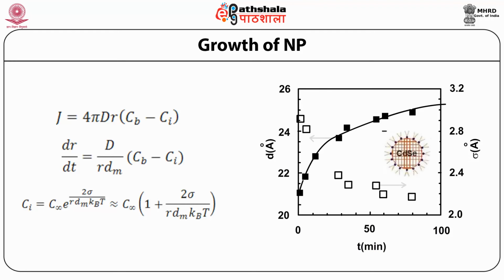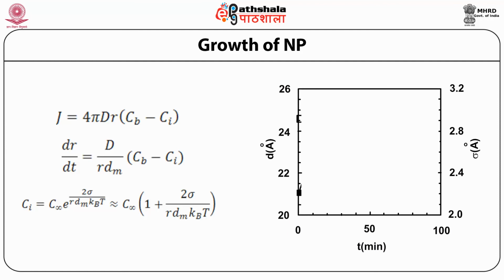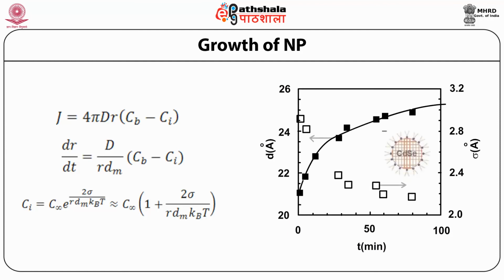To this point, an infinite stability of the nanoparticles is assumed. But this assumption is challenged by the Gibbs-Thomson effect, which introduces a competing effect to the growth. As the size of the nanoparticles reduces, their vapor pressure increases.